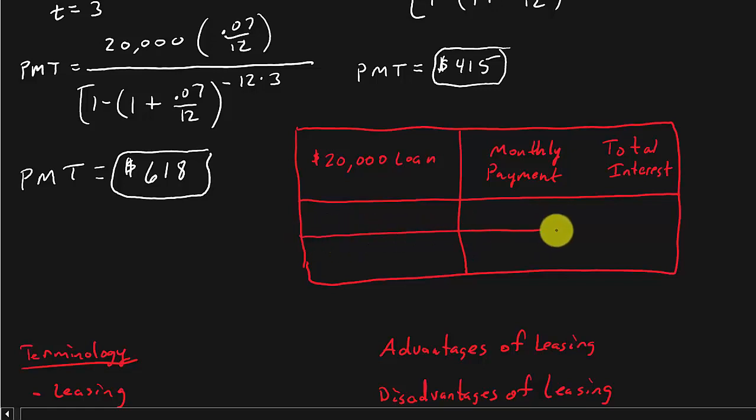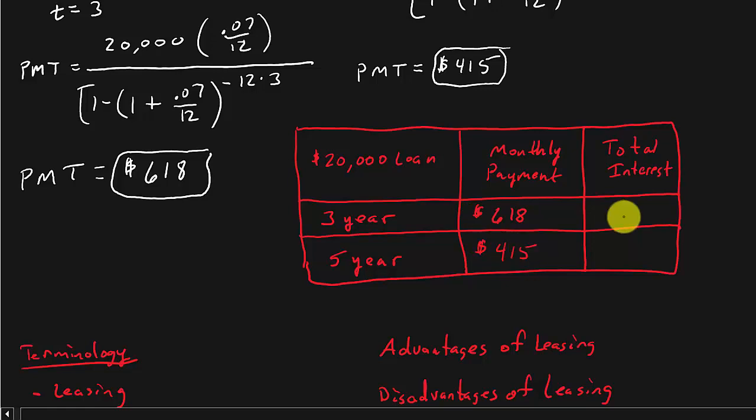All right, so this one is going to be the 3-year loan, and this one's going to be the 5-year loan. So we can go ahead and fill some of this out. The monthly payment here is $618, and the monthly payment here is $415.